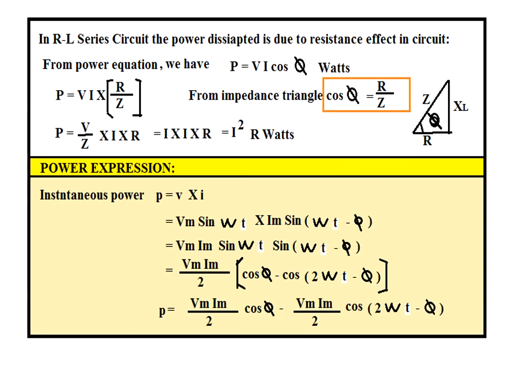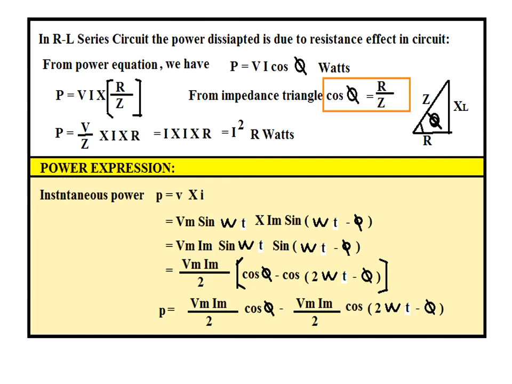So, you take the terms Vm Im into sin omega t sin (omega t minus phi). It becomes the 2 sin A sin B expression. You take that in terms of cos. It is simply a mathematical expression. You directly write Vm Im by 2 cos phi as one term, second minus cos (2 omega t minus phi).